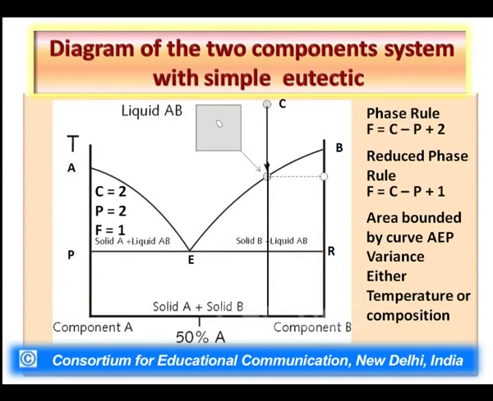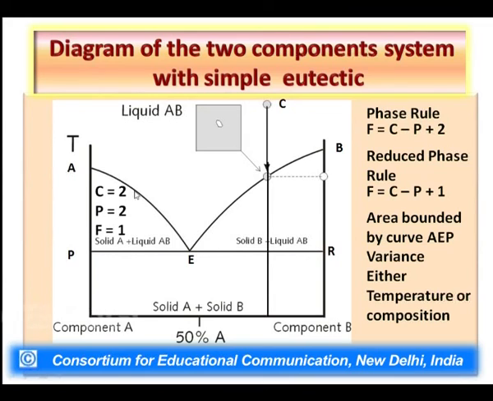Having said this, now let us apply it first of all to the area bounded by curve AEP. AEP is this area. This area contains, as I just described, two components, two phases and degree of freedom 1. If we substitute the C and P values in the reduced phase rule equation, we will get F equal to 1. It means we can vary only one variable, that is, either we can vary temperature or we can vary composition.